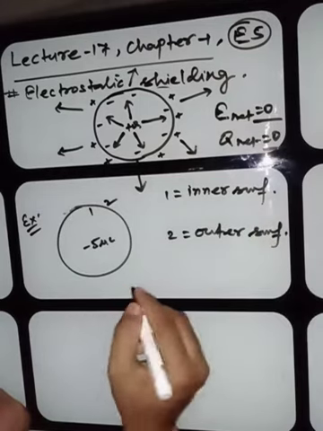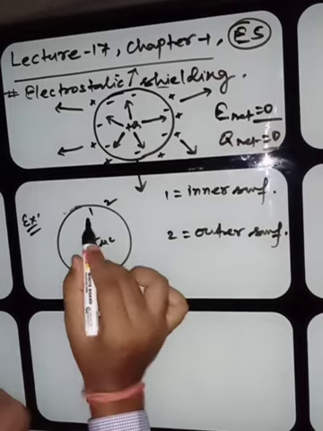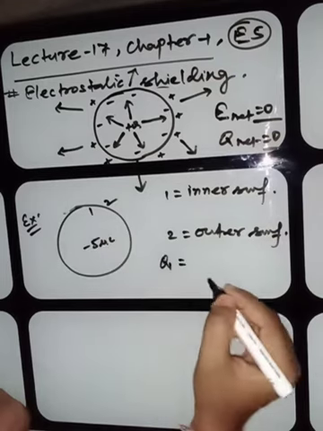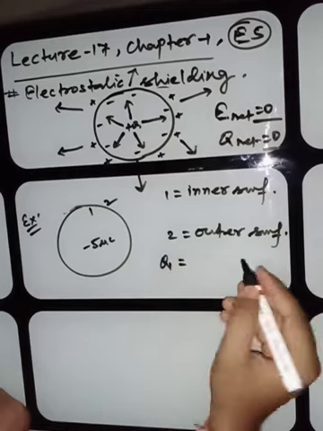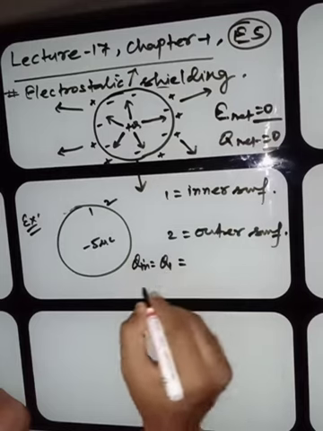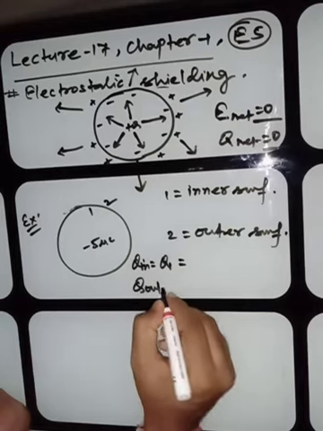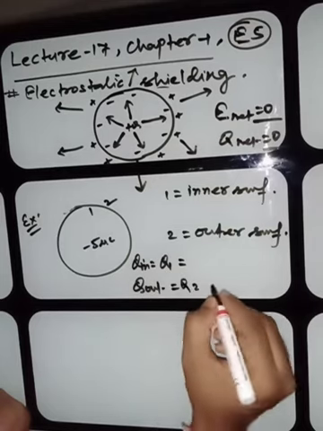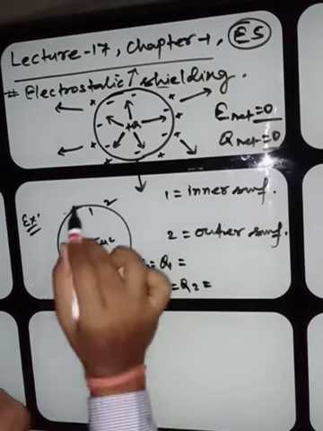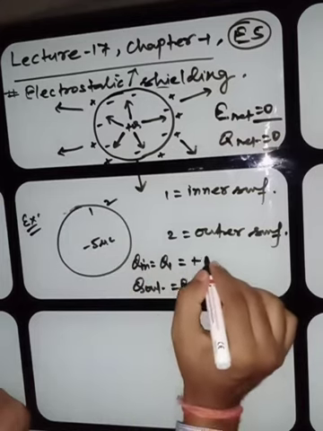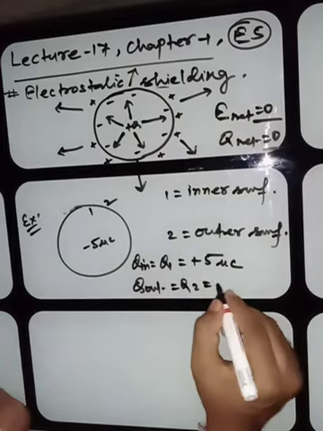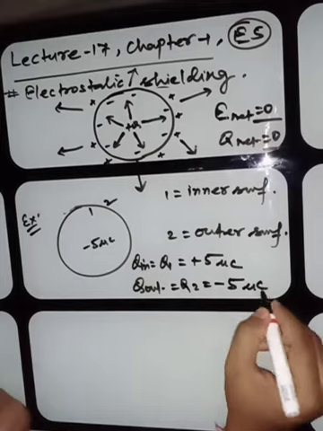You have to write the charge on each surface: Q1, or Q in, and Q2, or Q out. So how much is Q in on the inner surface? Plus 5 microcoulomb. Very good. And the outer will be minus 5 microcoulomb.